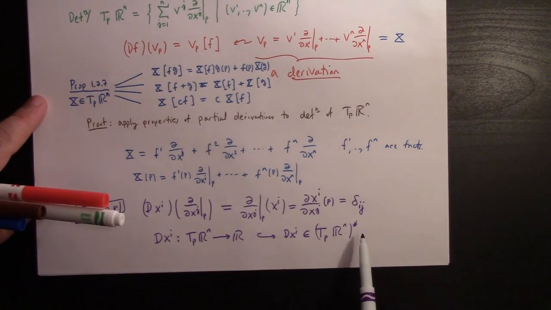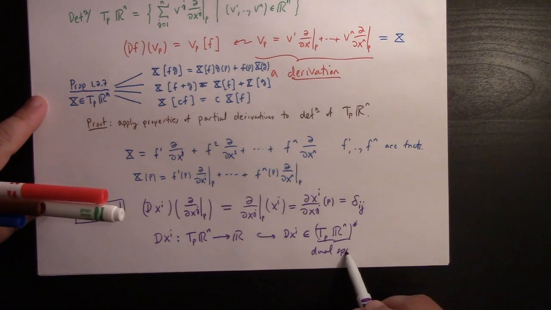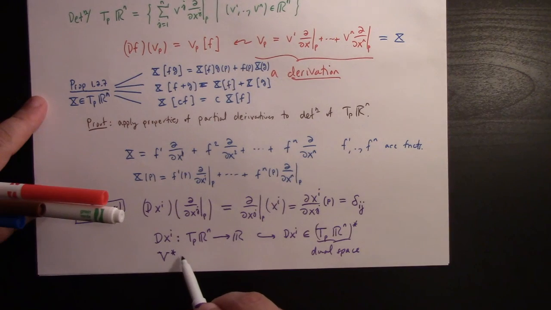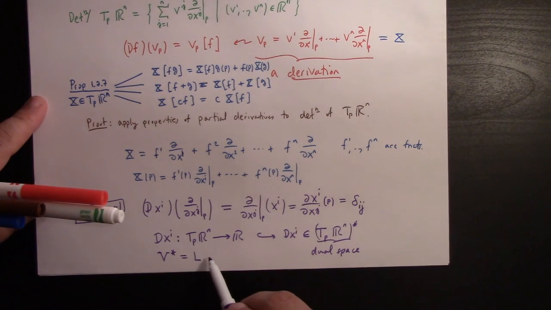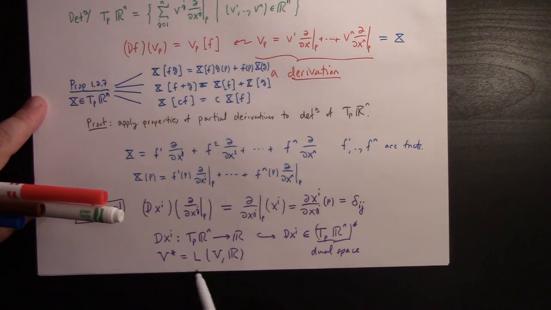So the dual space, remember, to a vector space is what? Well, if V is a vector space, V dual is the linear transformations from V to the underlying field, so R. So the so-called linear functionals.